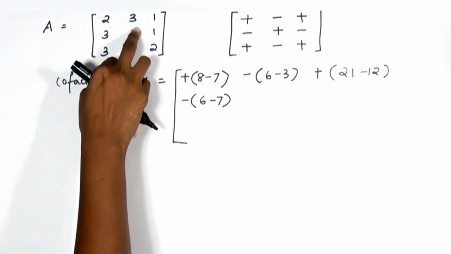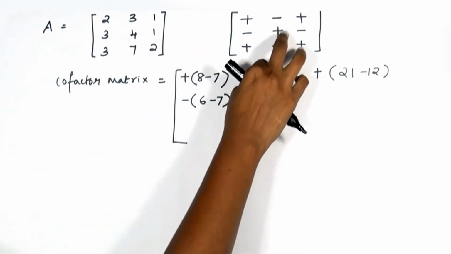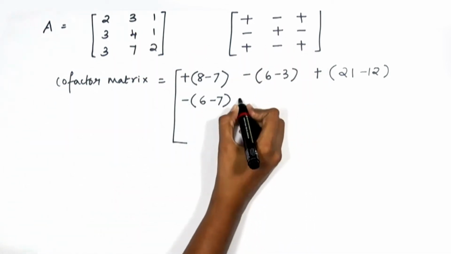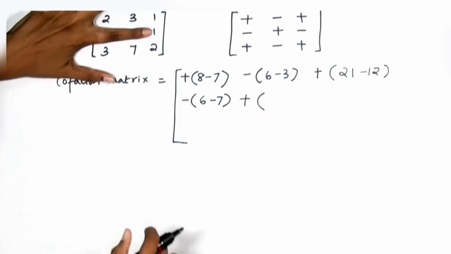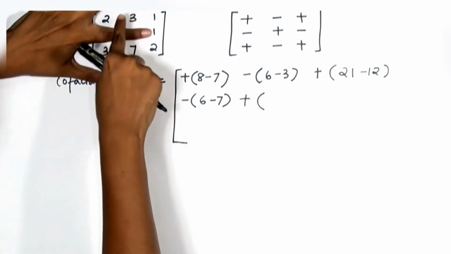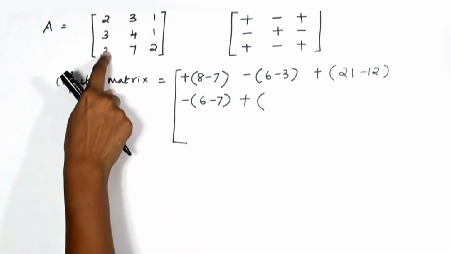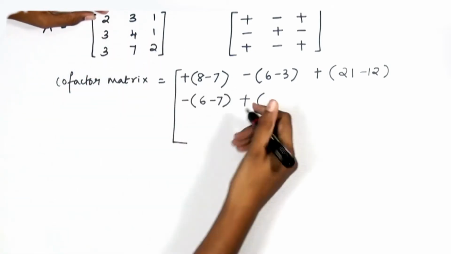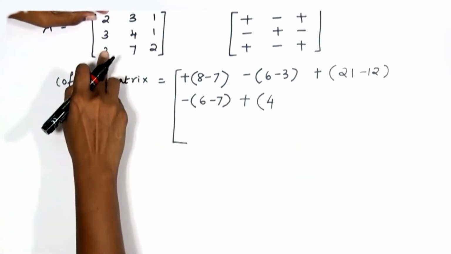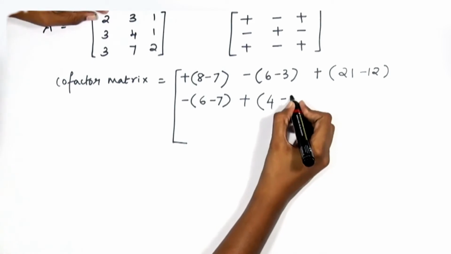Now finding out the cofactor of 4, you will consider plus as the sign. Plus, eliminating this row and this column, you will have 2, 1, 3, 2. So multiplying the diagonal, 2 into 2 is 4, minus 3 into 1 is 3.